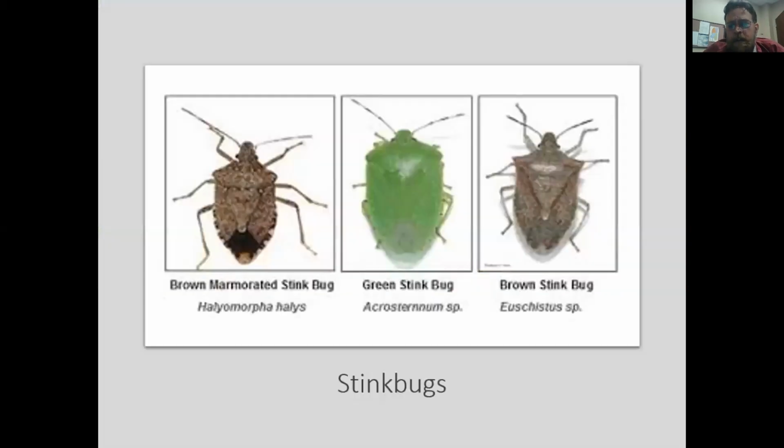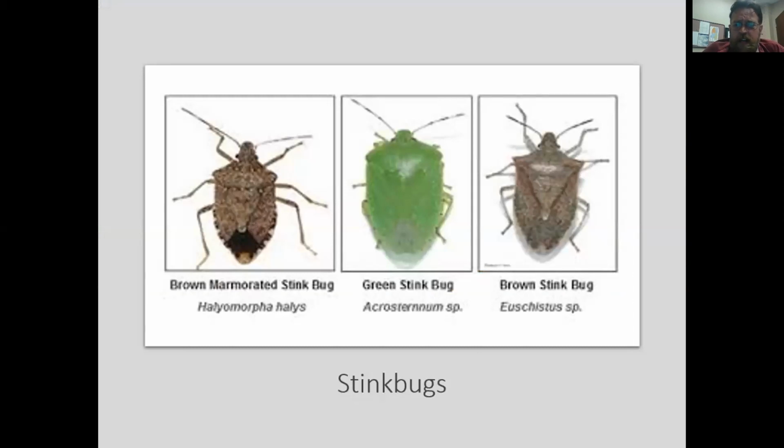And of course, we're all familiar with the stink bugs. There's a variety of these. The green stink bug and the brown stink bug are really common, and we do now have the brown marmorated stink bug. Really serious pests in row crops and in vegetables and in home landscapes. Piercing, sucking mouth parts can cause fruit abortion.